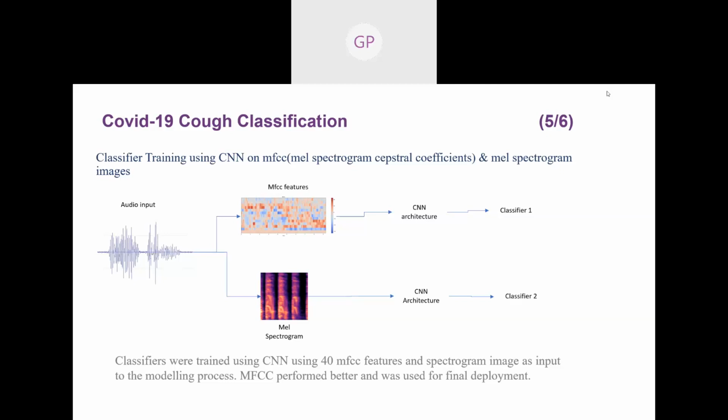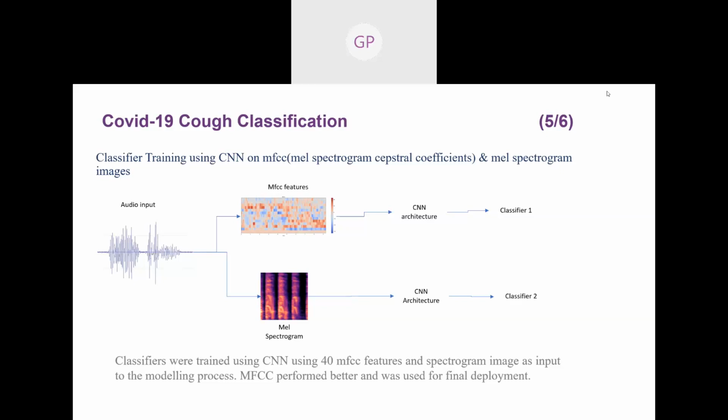So we used two approaches for classification. One is converting the audio signal into MFCC, which is Mel-frequency cepstral coefficients. And the other one is converting it into Mel spectrogram images. MFCCs are basically numerical features extracted out of the audio signal.